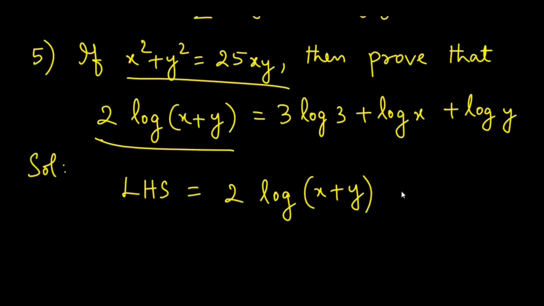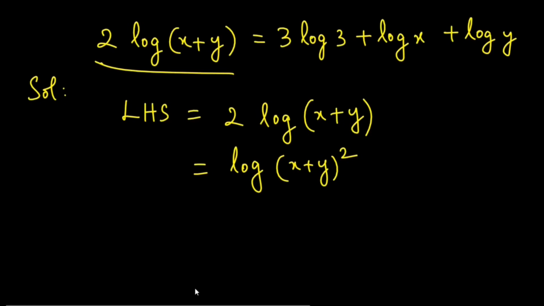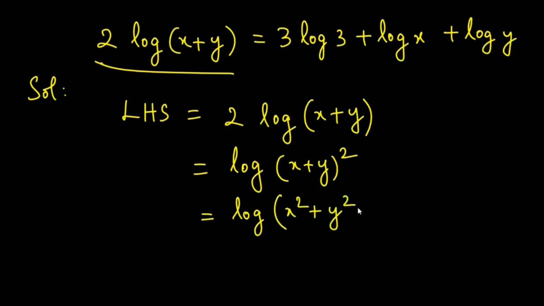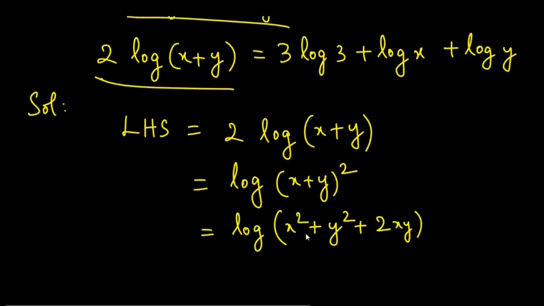So here we have 2 into log of x plus y. Apply the power rule, we will get log of x plus y whole square. Now squaring, we get log of x square plus y square plus 2xy. Here we got these terms, x square plus y square.